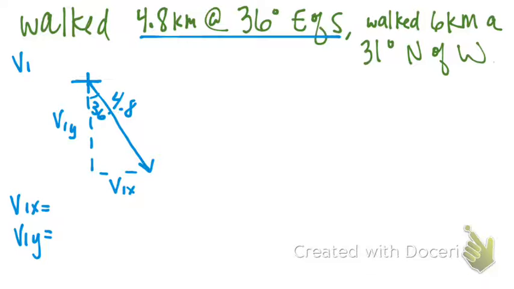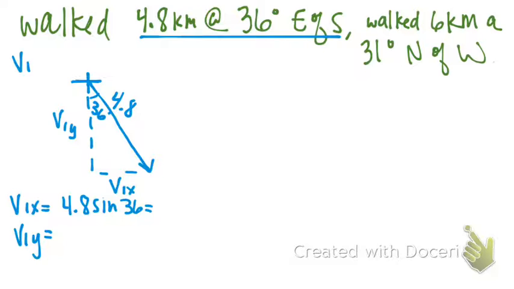To solve for V1x, what do I use, sine or cosine? Opposite and hypotenuse. This one is sine. Remember how I said usually x is cosine, but not always, right? It depends on the angle. So this one is sine: 4.8 times sine of 36.